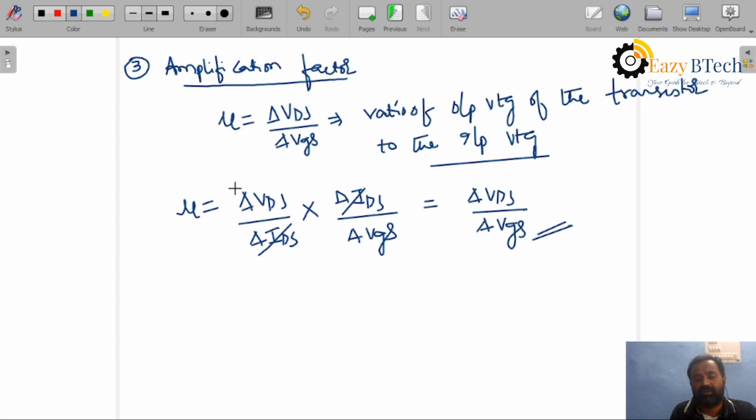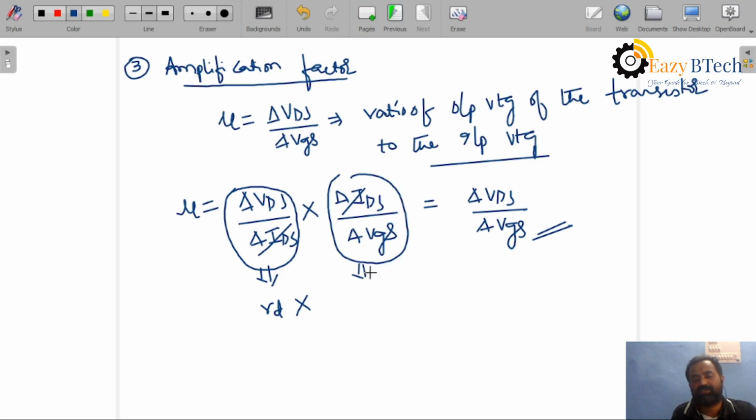But this term can be written as change in VDS by change in IDS, which is RD, and this term, change in IDS by change in VGS, can be written as gm.